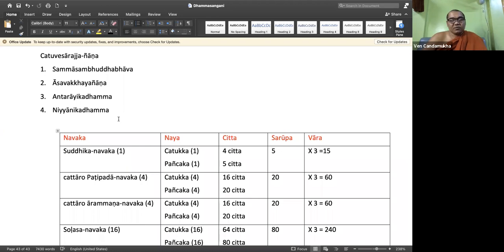And also the Niyanika Dhamma, the Dhamma that leads to liberation. In this regard also, the Buddha remains unshakable. So this is called Cittu Visara Jnana.